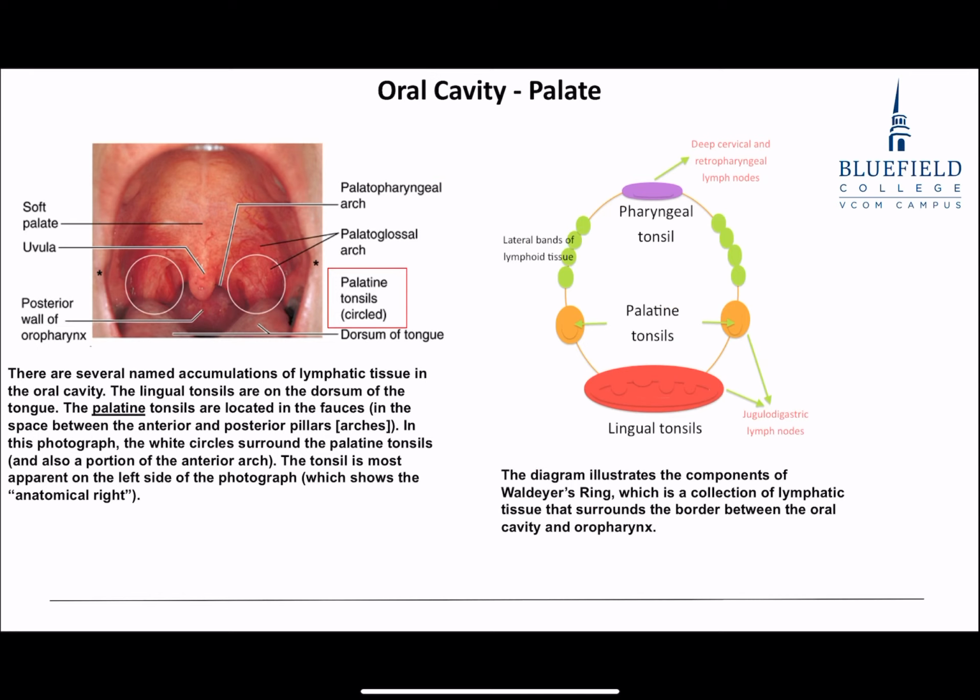I guess that's what's supposed to be in the white circles. You see that right here. And you also see the tonsils. These are the palatine tonsils. You see this one especially. You don't see the one over here on the left very well. So you see the palatoglossal arch, the tonsil, and then right here you see a little bit of the palatopharyngeal arch. And if we went back here, this tissue back here would be the posterior wall of the oral pharynx.